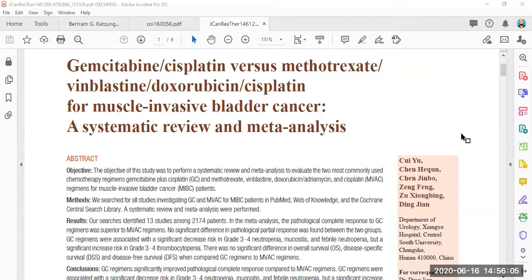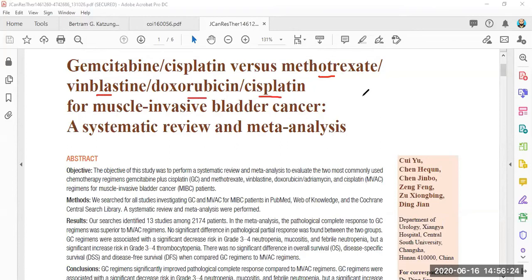If you read the title of this paper, we have gemcitabine and cisplatin. Cisplatin is another classification of drug that comes under miscellaneous drugs. We will discuss them later on. Versus methotrexate, vinblastine, doxorubicin, cisplatin.